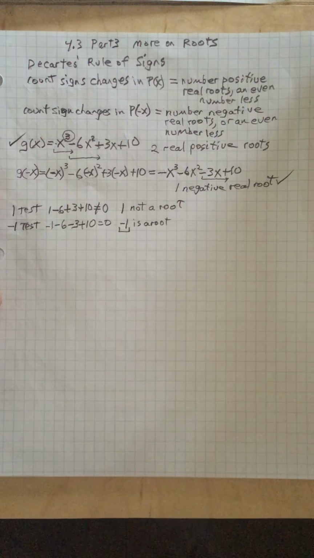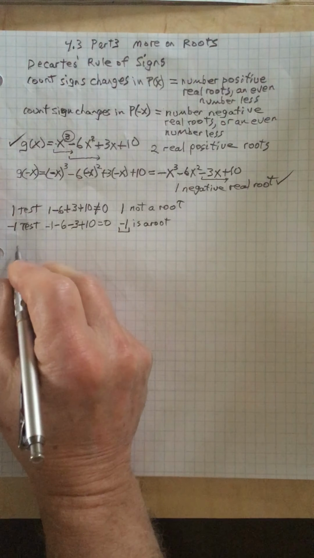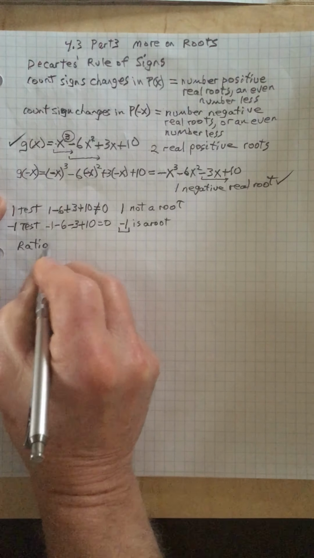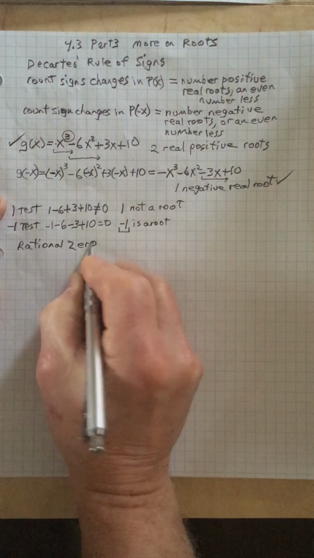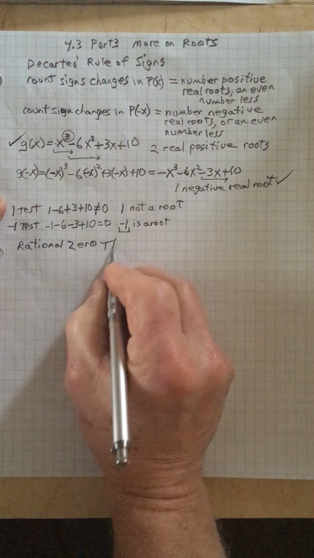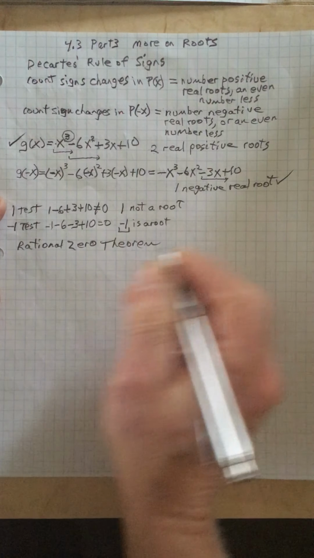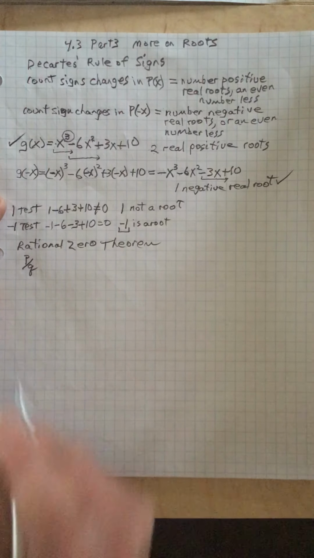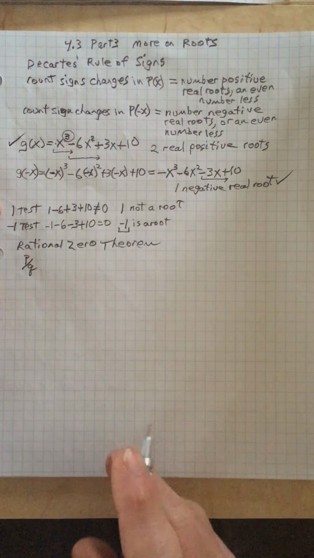For positive roots, let's go back now to the rational zeros theorem that we had, and we'll use it. That was the one where we're looking for P over Q, where P are the factors of the constant.